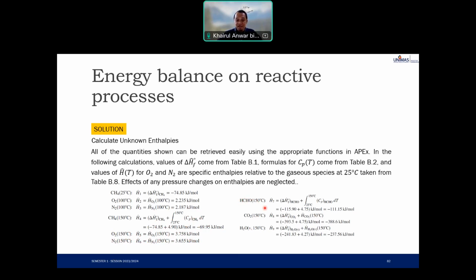For formaldehyde, 1 C plus 1 H2 plus half oxygen equals HCHO. So this is a formation as well. Go to table D1 first, heat of formation for formaldehyde, page 630.